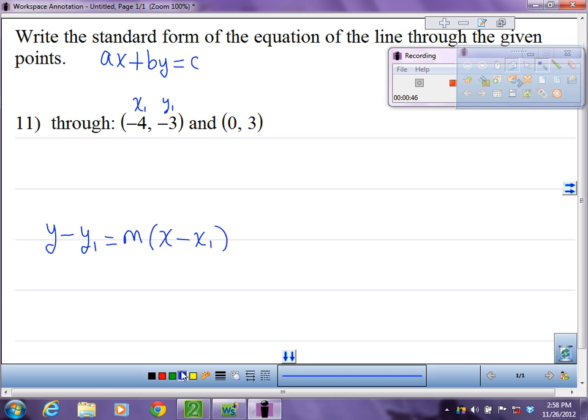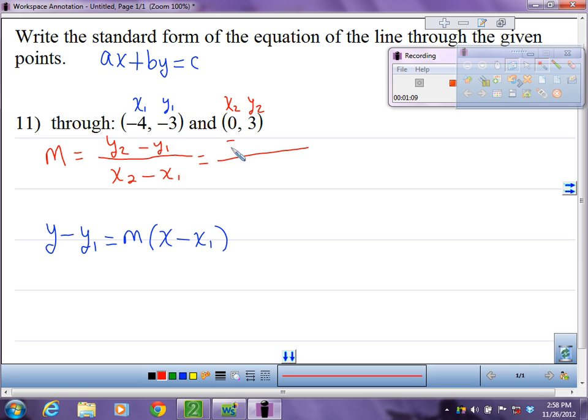And if you recall, you do have a formula to find a slope if you have a line going from 2 points. And that formula is y2 minus y1 over x2 minus x1. So this is my x2 and my y2, because that comes from the second point.